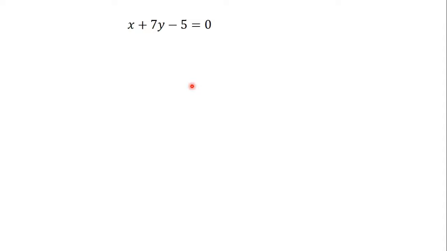We learned that you will first have to express the equation in the form of the general equation of a straight line, which is y = mx + c. When you do that, m will give you the gradient of the line. This means that we will first have to make y the subject of this equation.